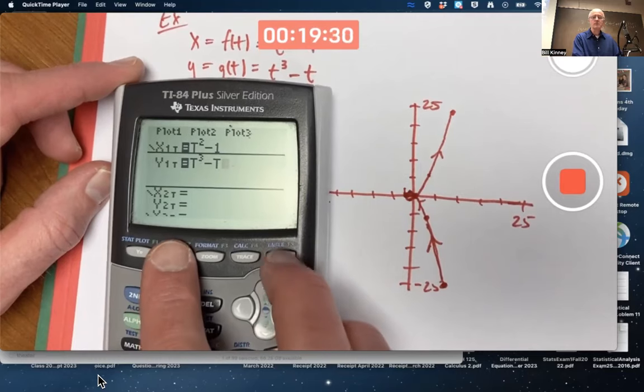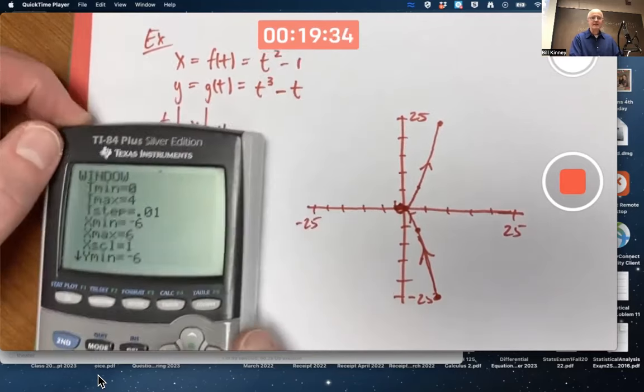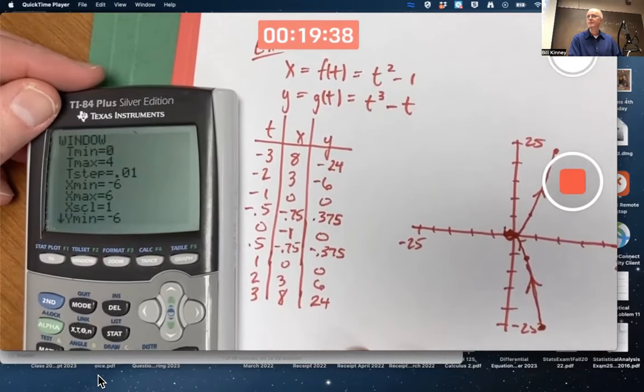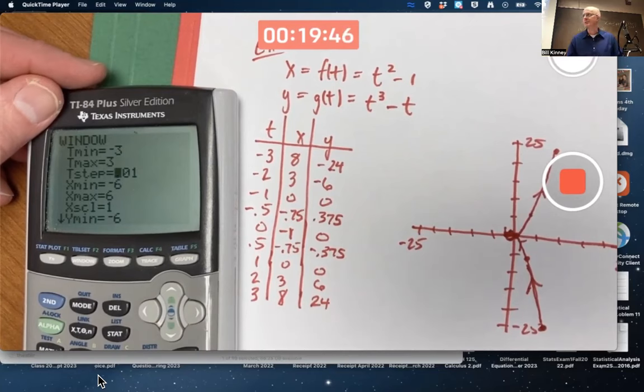In your window, we are starting t at a negative value. Sometimes you would want to start t at 0. But here we're starting at -3. So I'm going to go from -3 up to 3. The t step effectively tells you how many points to plot. Every 0.1 units of t, 0.01 units of t.